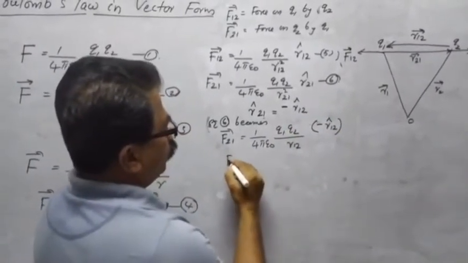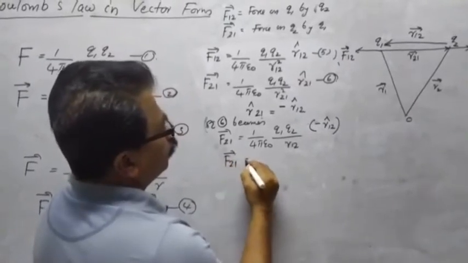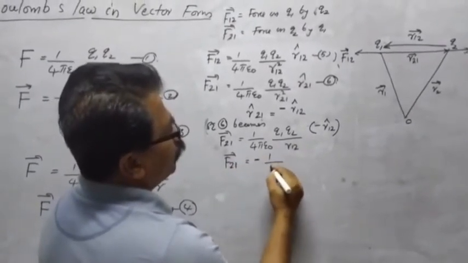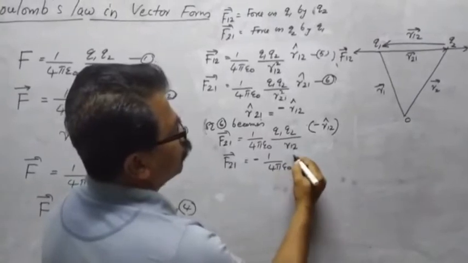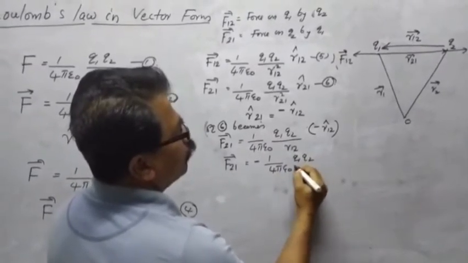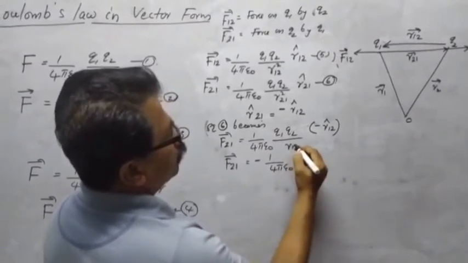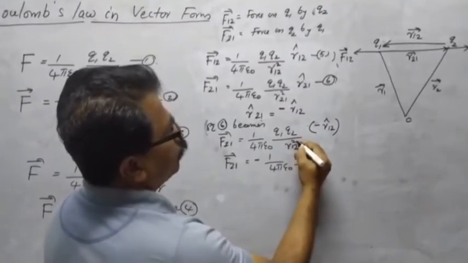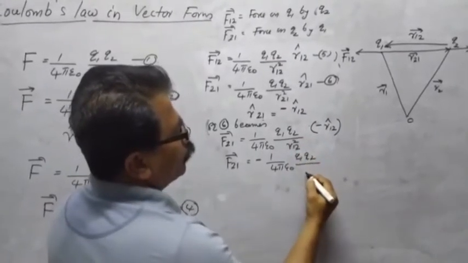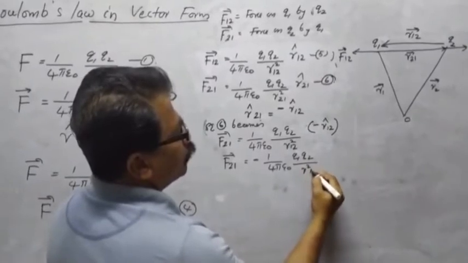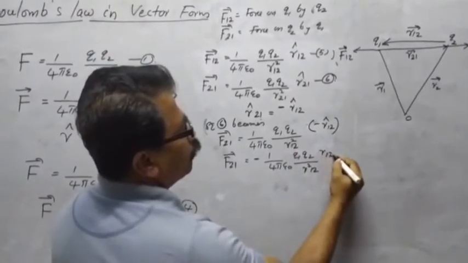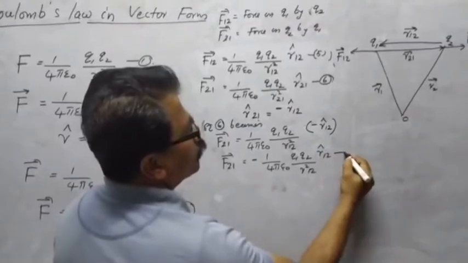Therefore, F21 equal to minus 1 by 4 pi epsilon 0 Q1 Q2 by R square 12 into cap R12. Equation number 7.